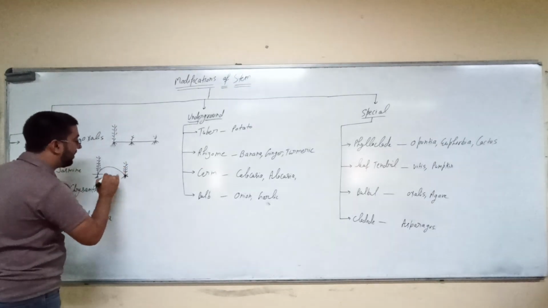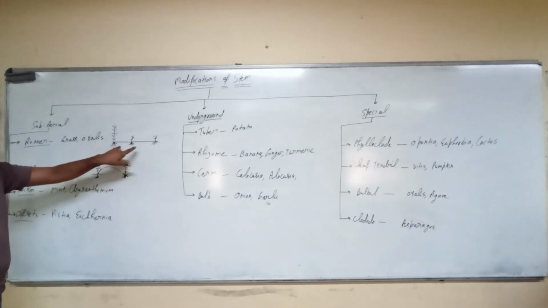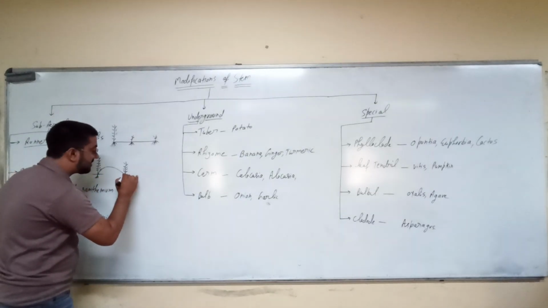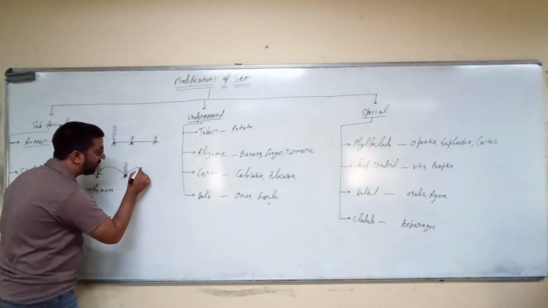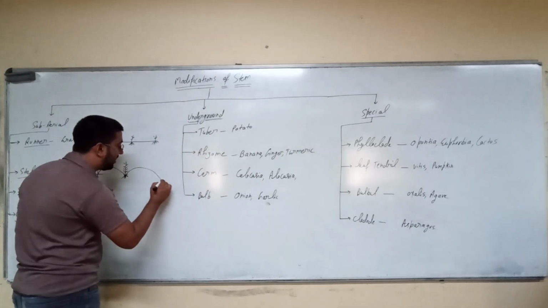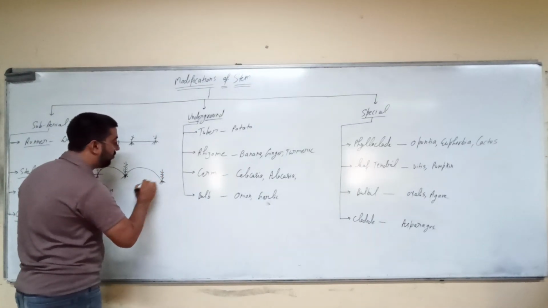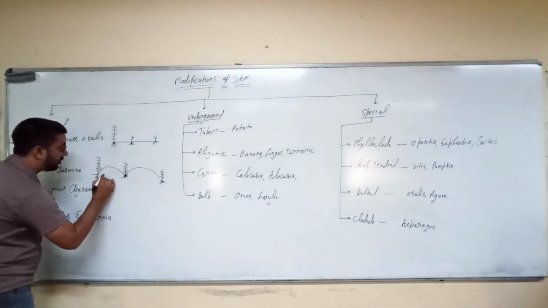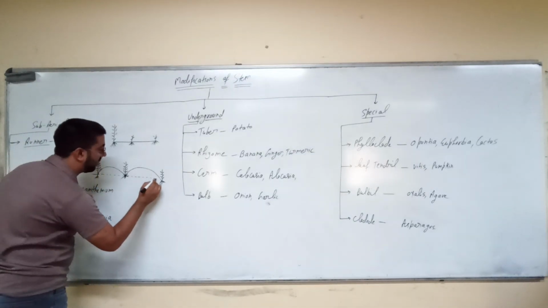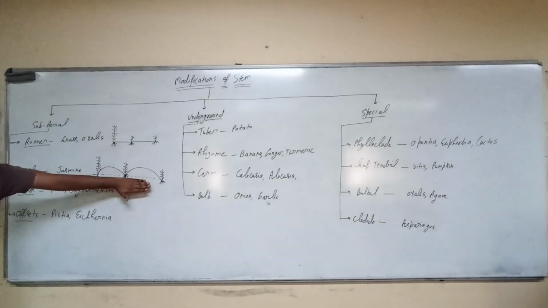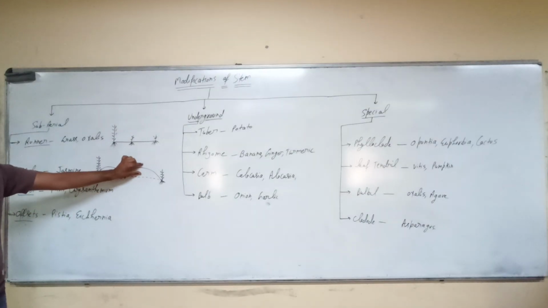This is a runner, this is a stolon. Again the base has moved a stolon-like structure aerially, and finally it touches the ground and forms a new plant. This is the soil portion, and this is the stolon.